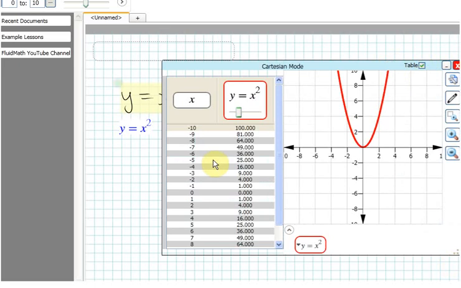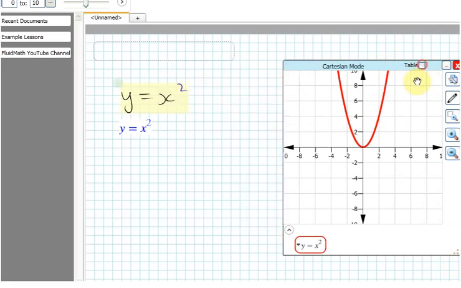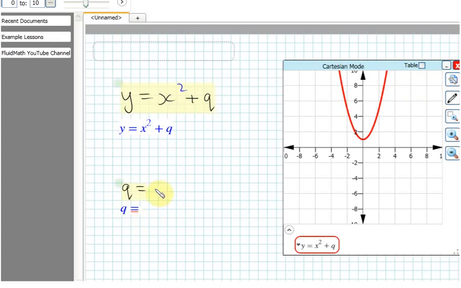So look, there's your table of values, the one I actually told you to do. Anyways, here's the neat thing about this program. Remember, this is the general one, right? I then said, why don't we add something to this, plus this q value? And then I could say, well, what happens when q equals, in this case, 4. Watch what the graph does. Oh, it's 4. There you go. I can change it.